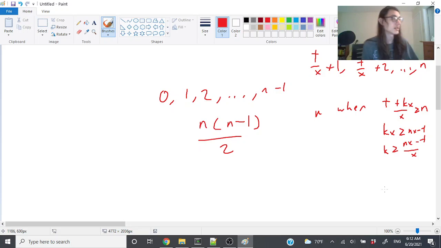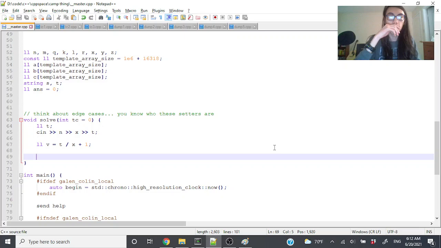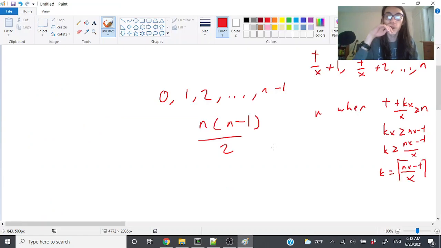K is the ceiling, right? Wait, now I'm confused. Yeah, it's the smallest integer larger. Okay, so it has to cap at n eventually, right?